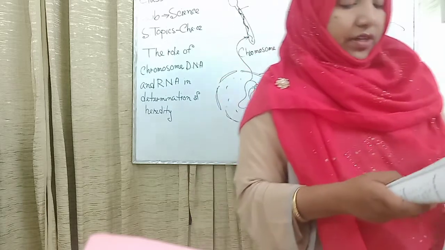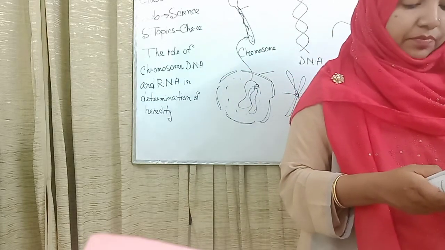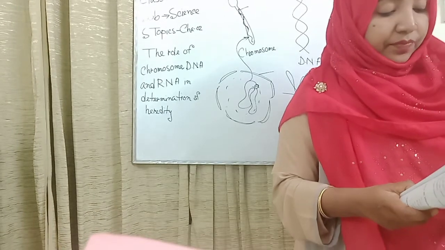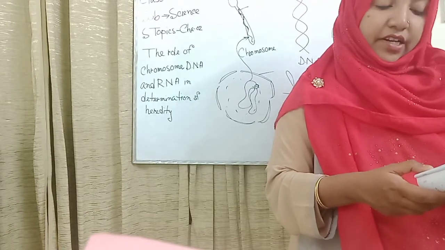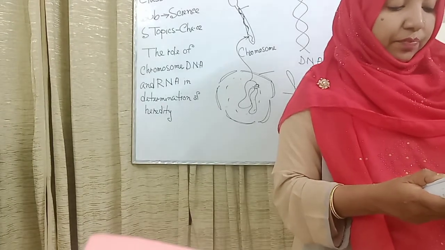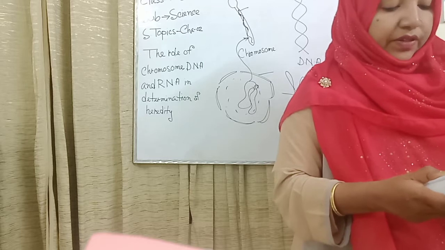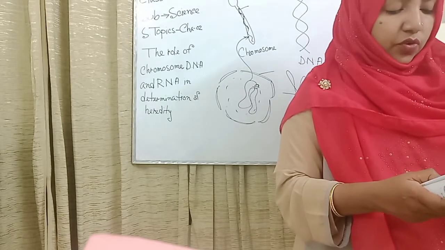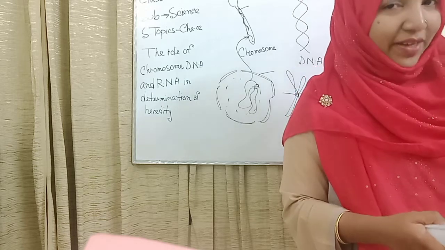The continuity of each hereditary trait is maintained through meiosis cell division. To maintain hereditary traits, chromosomes carry genes directly from parents to offspring during cell division. For this reason, chromosome is known as the physical basis of heredity.